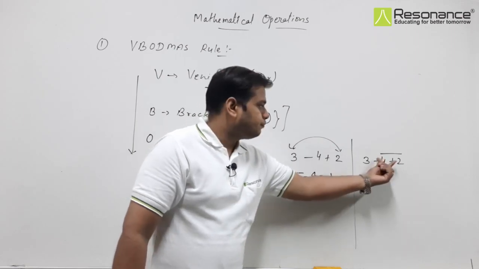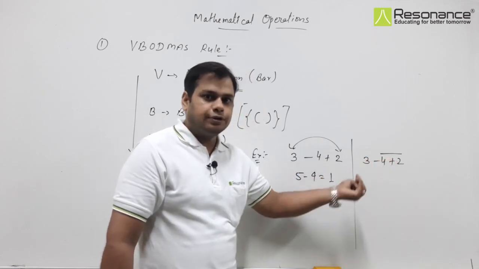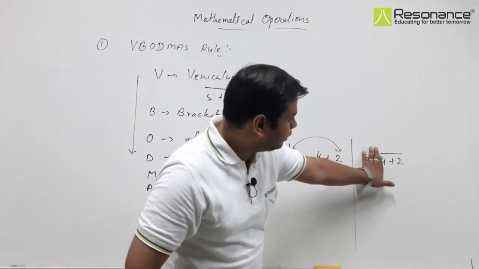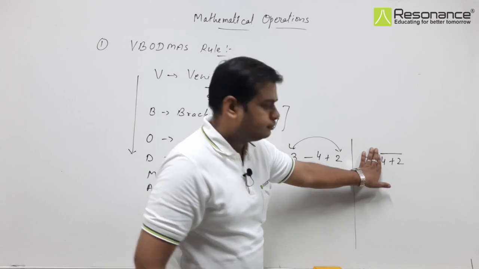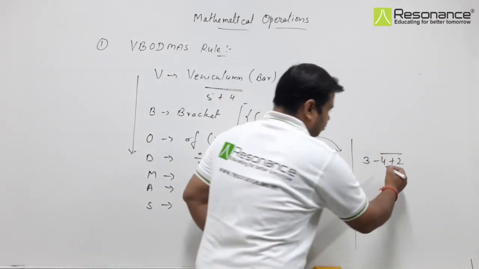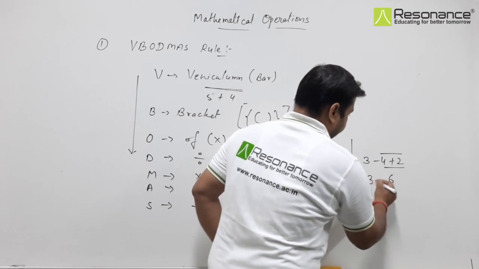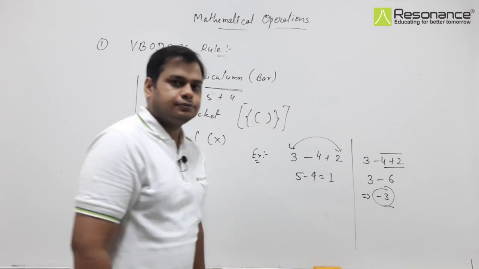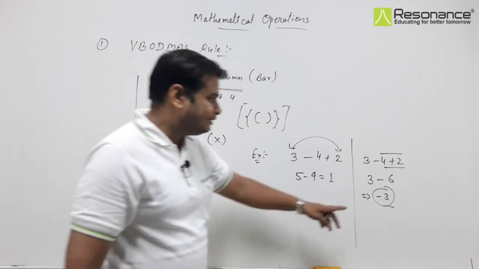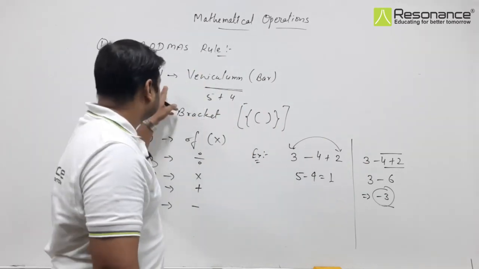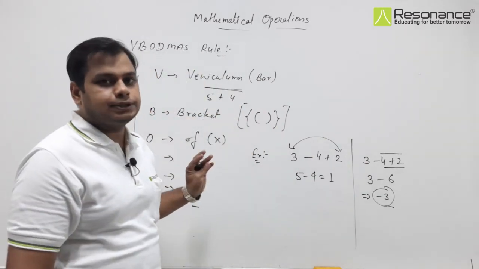Now the same equation I am writing here, but I am drawing a vinculum above 4 and 2. Now what changes can be made by this? If there is a vinculum drawn, then what happens? Vinculum means we have to solve this part very firstly. So 4 plus 2 becomes 6 and 3 minus 6 becomes minus 3. So this is the change made by following these mathematical operations.